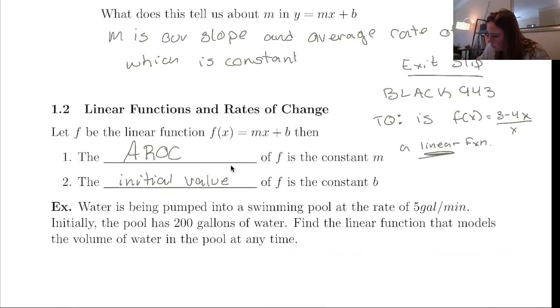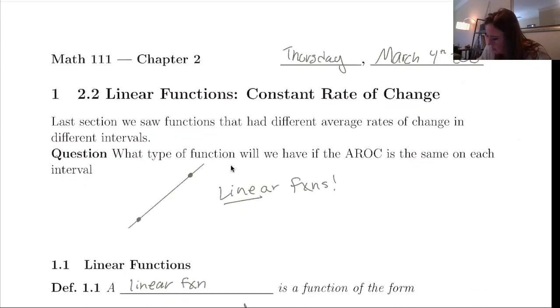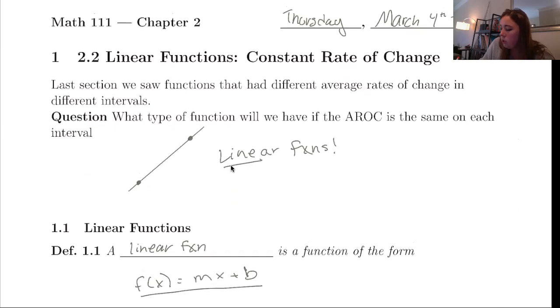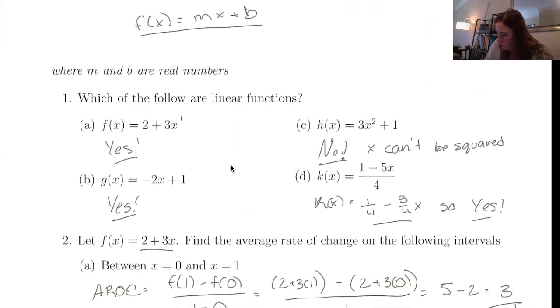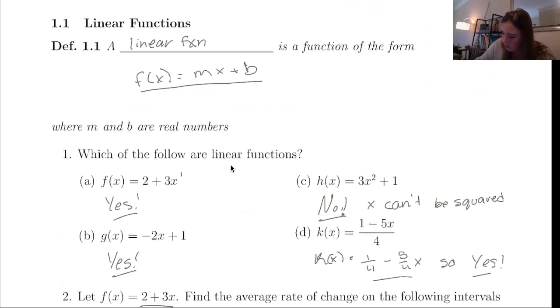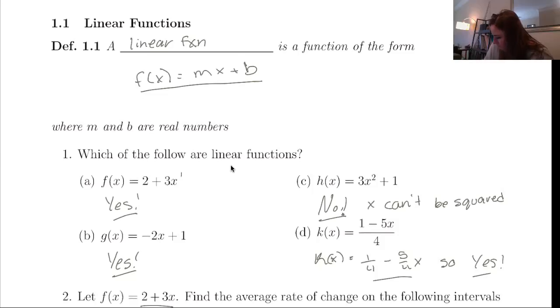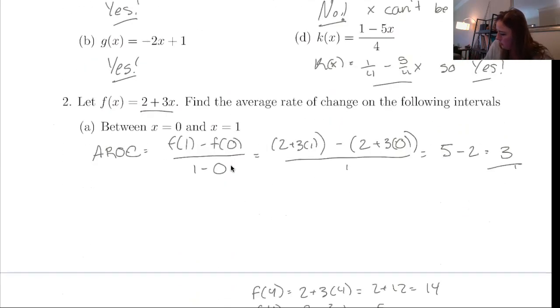Okay. So last time we talked about average rates of change, and then we talked about linear functions and how they always have a constant rate of change. And we like to see them of this form usually: f of x equals mx plus b. And then we talked about which graphs were linear and not linear. And then we found the average rates of change between all of them.